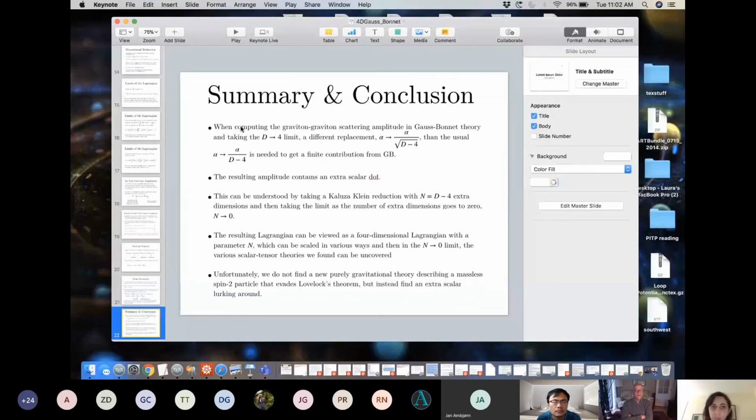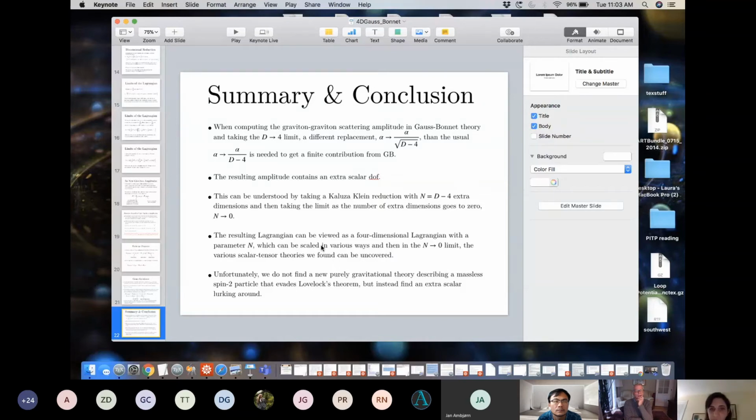So to summarize, when computing the graviton-graviton scattering amplitude in the Gauss-Bonnet theory, and then taking the D→4 limit, we found a different replacement was needed than the usual one, which went as alpha over D minus 4. The resulting amplitude contained an extra scalar degree of freedom, and all these different limits can be understood by taking a Kaluza-Klein reduction and then taking the limit as the number of extra dimensions goes to 0.